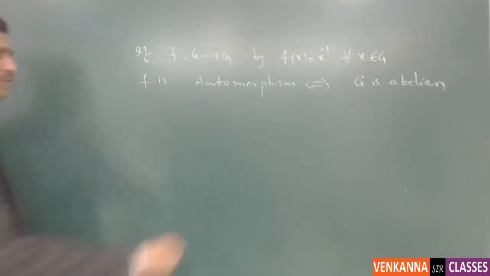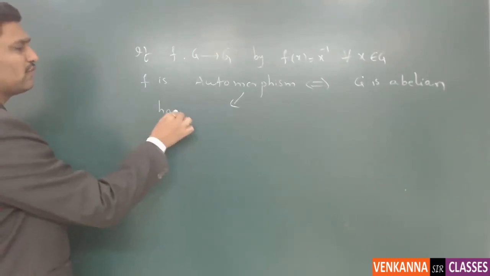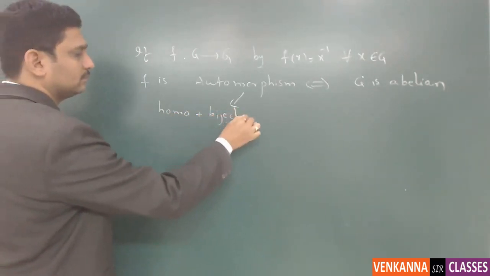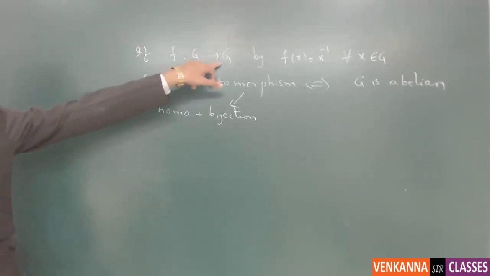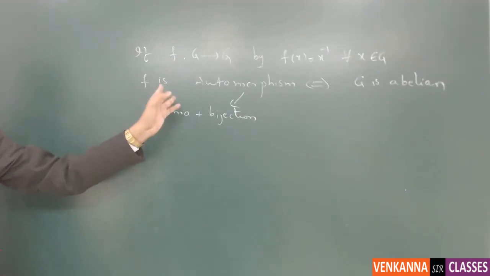Now, you know what is meant by automorphism? It is nothing but a homomorphism and a bijection. Since it is defined from G to G itself, isomorphism and automorphism are both equal.